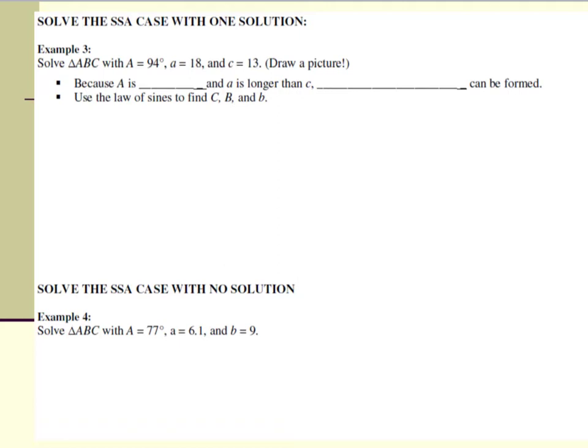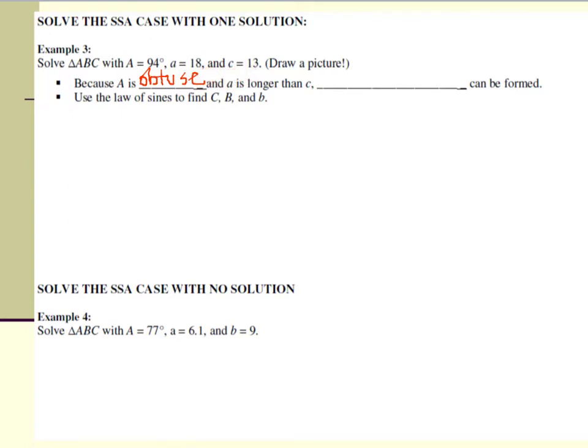But because A is angle A here, or side A, nope, angle A, I was right the first time, because A is obtuse, and we know that it's obtuse because look at here, it's 94 degrees. So A is obtuse, and side A is longer than side C. Okay, so side A is 18, side C is only 13.